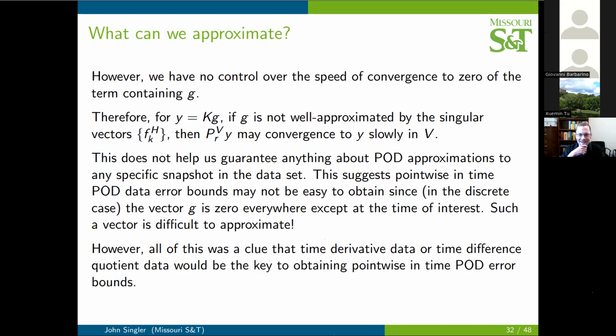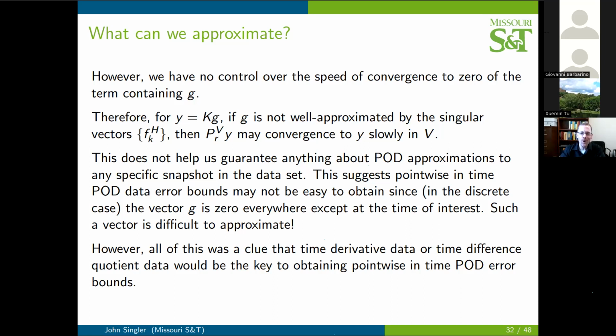But this did tell us something. I mentioned we want to talk about pointwise in time error bounds, and this gives us a clue that those are harder. If you want to know what happens to the data at a specific point in time, in the discrete case, in order to recover the data from the POD operator, you need your vector G to be 0 everywhere except a spike at that one point, right?